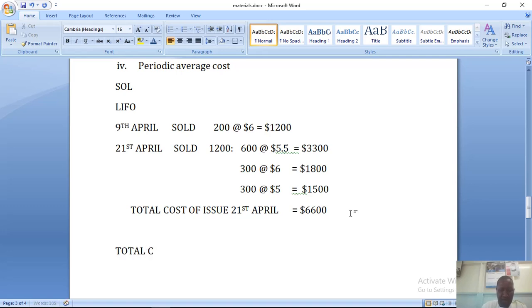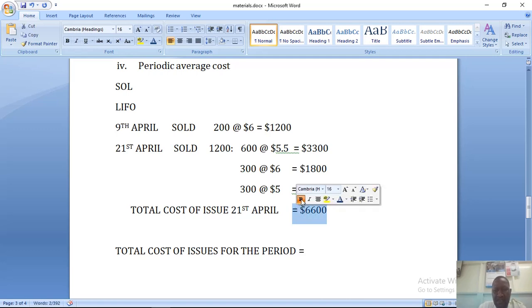So what's the total cost of issue for the period? The total cost of issue for the period is the 6,600, which is the total cost of issue for the 21st of April, plus the 1,200 total cost of issue for the 9th of April.